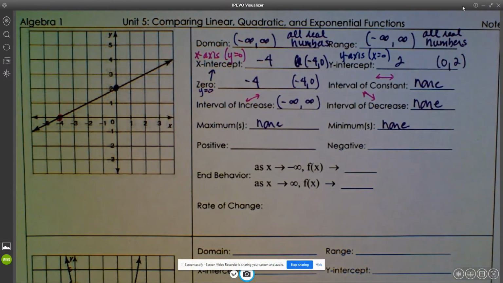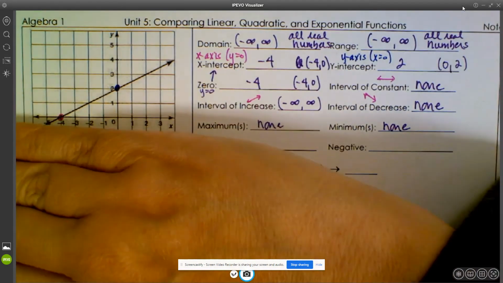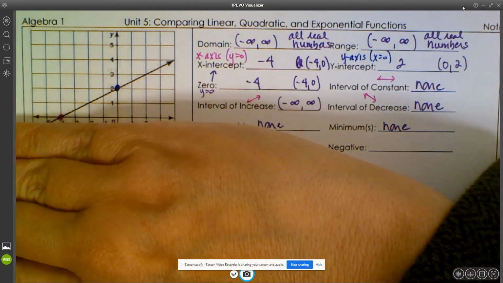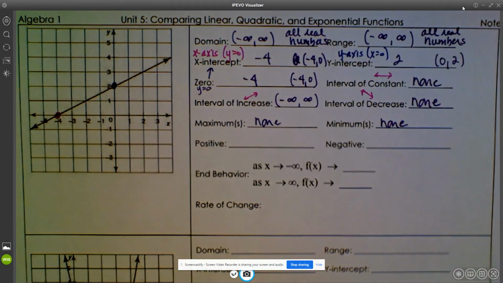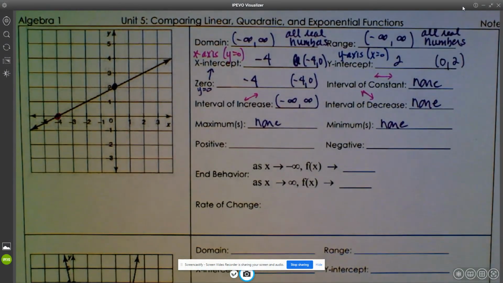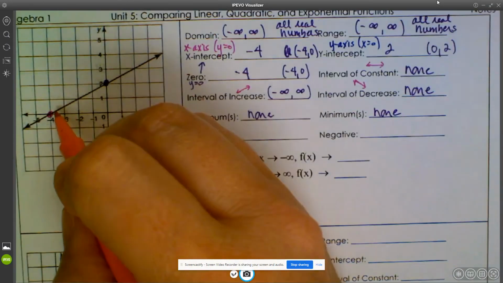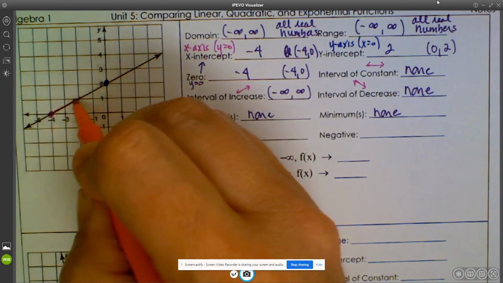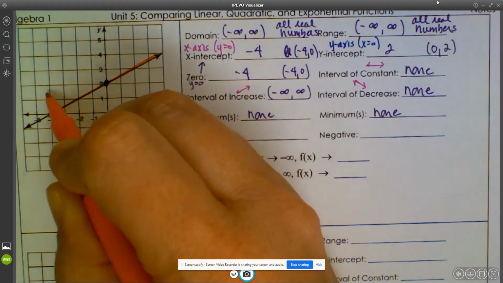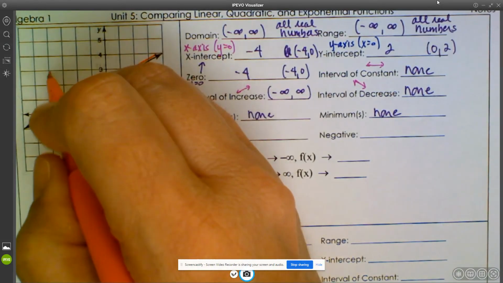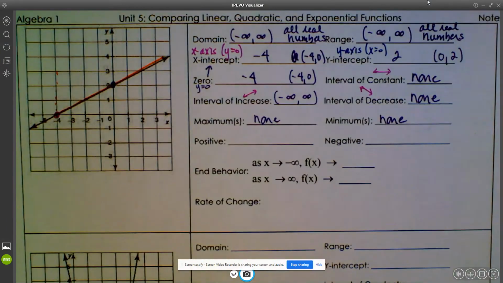Okay. Now we want to look and see where this graph is positive. Well, this graph is positive from here up. Okay, so the graph is positive. Let's use this. So this graph is positive here. So it looks like where x is -4 to forever.